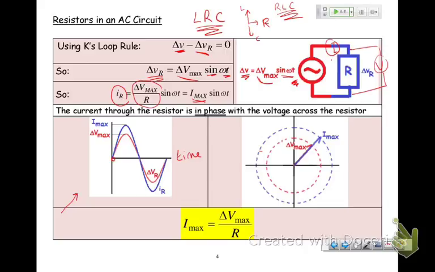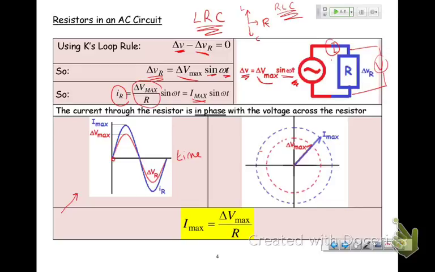And then what I do is I compare my current having a cosine term with my voltage having a sine term. So what I can say is, my cosine is equal to minus sine omega t minus pi over 2.